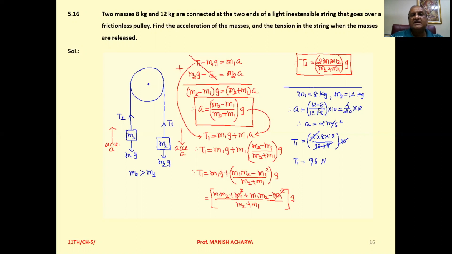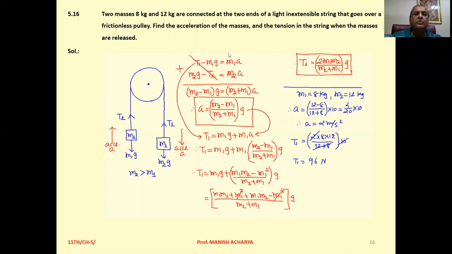So acceleration is (12 minus 8) upon (12 plus 8) into 10. You will get the answer 2 meter per second square. Then to calculate tension T1, substitute the values of mass M1 8, M2 12, then 12 plus 8, and you will get tension T1 equal to 96 Newton.